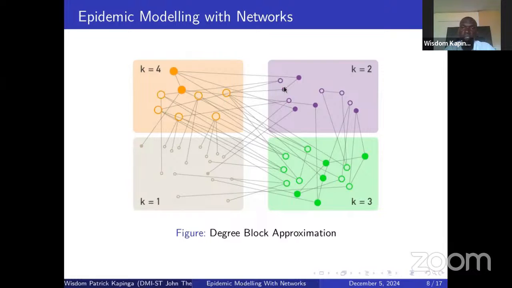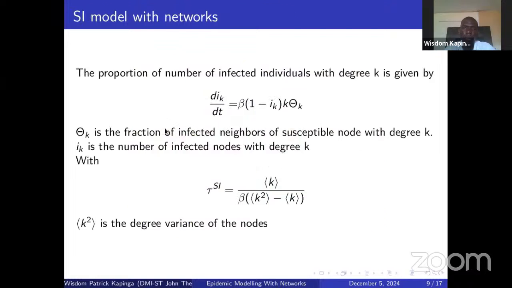If this is infected and this is infected and they are all connected to individuals in this block, then this number theta K will get its value from those infected neighbors of susceptible nodes with the degree K. And as I already said, I_K is the number of infected nodes with the degree K.